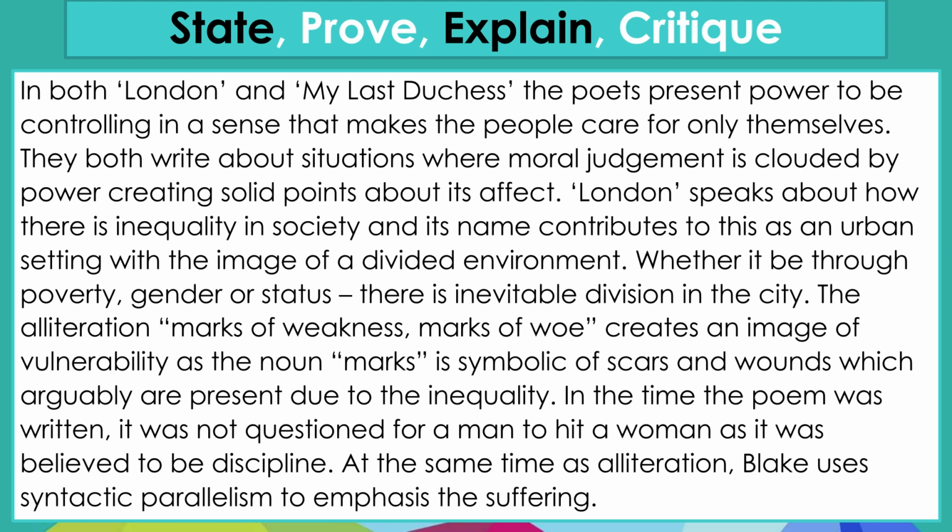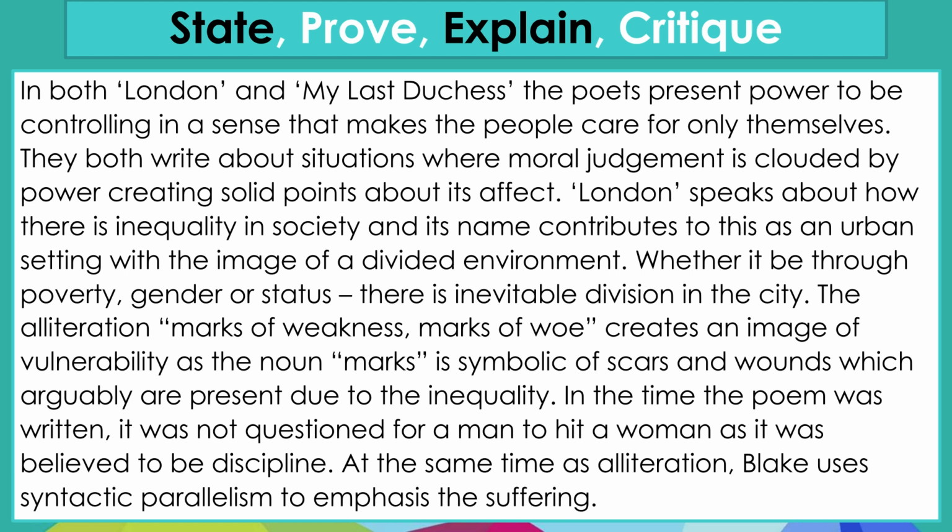highlight. In both London and My Last Duchess, the poets present power to be controlling in a sense that makes the people care for only themselves. They both write about situations where moral judgment is clouded by power, creating solid points about its effect. London speaks about how there is inequality in society, and its name contributes to this as an urban setting with the image of a divided environment.